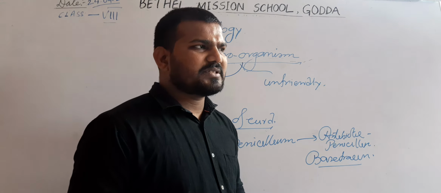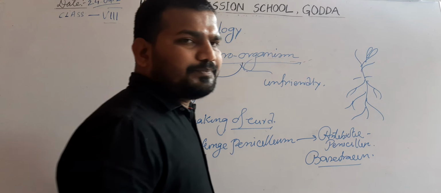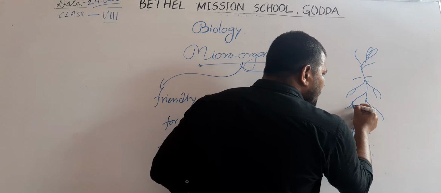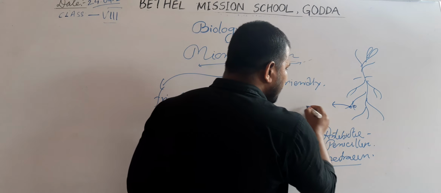And we know that some microorganisms can increase soil fertility, generally in leguminous plants or the pea plant, which are generally cultivated in the winter season. Some symbiotic bacteria present in their roots form nodule-shaped structures. These bacteria are generally known as rhizobium.